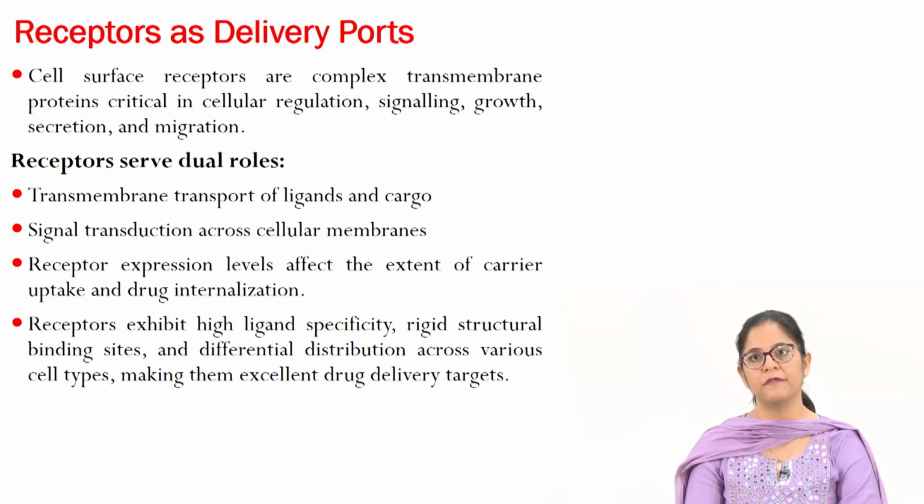Receptor expression levels affect the extent of carrier uptake and drug internalization. So, the higher the receptor expression, the higher the transmembrane delivery of the cargo. Receptors exhibit high ligand specificity, rigid structural binding sites and differential distribution across various cell types, making them excellent drug delivery systems. And also they are highly specific.